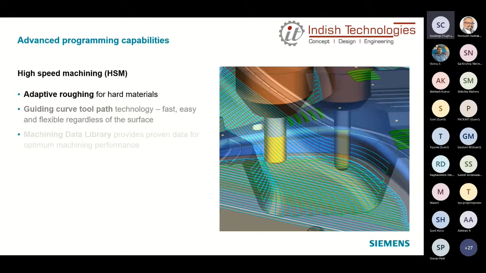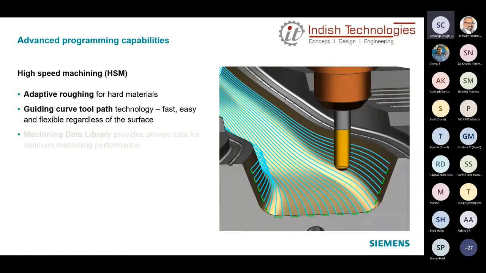If the participants in this webinar are actual users, they might relate this programming to their usage. The latest edition of NX machining by guiding curve, you see the finishing which is achieved by this method vis-a-vis other conventional methods. You'll see the real benefits NX can offer.